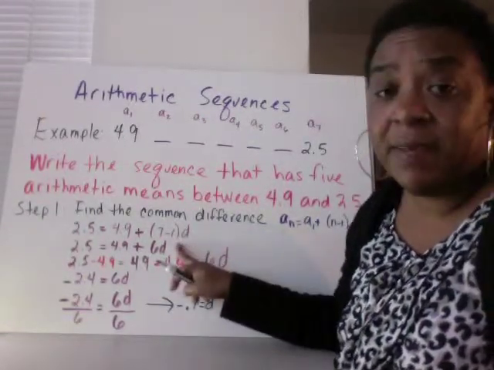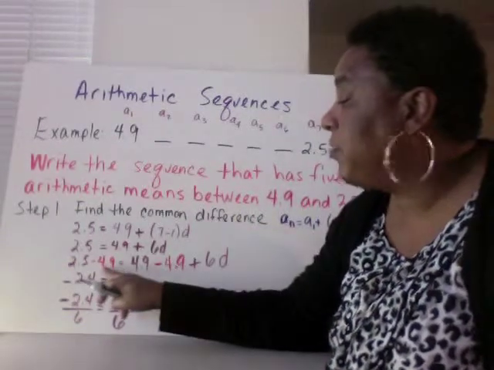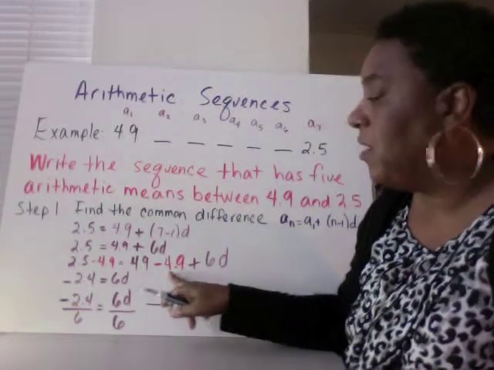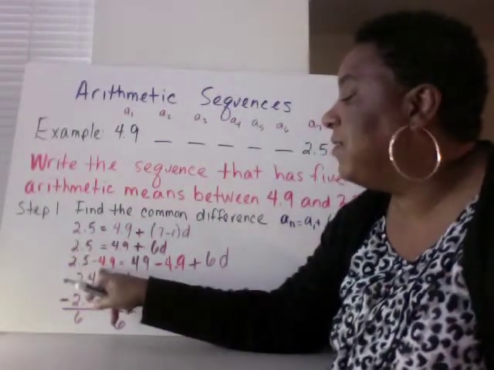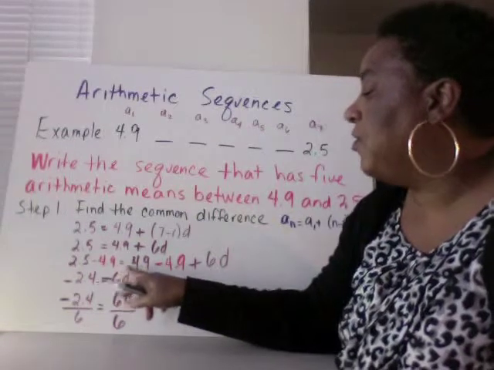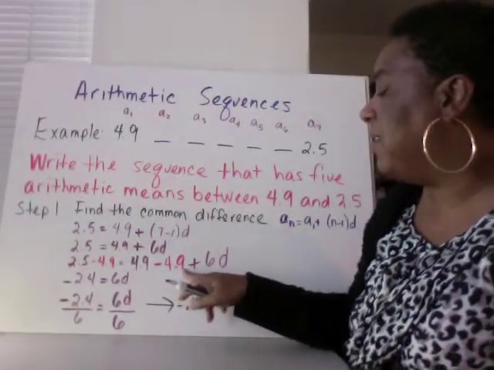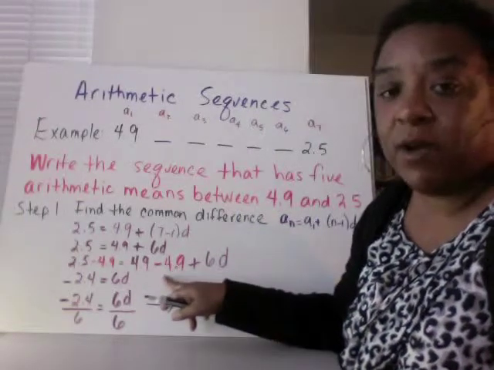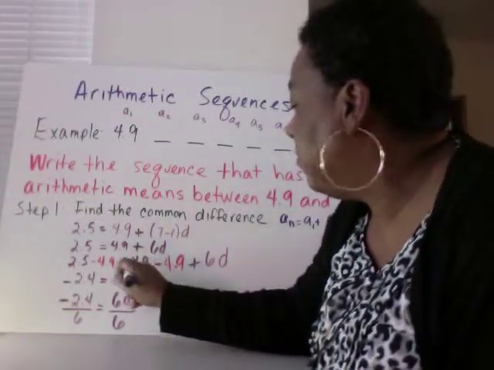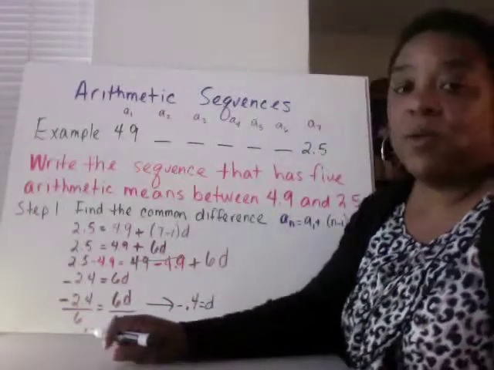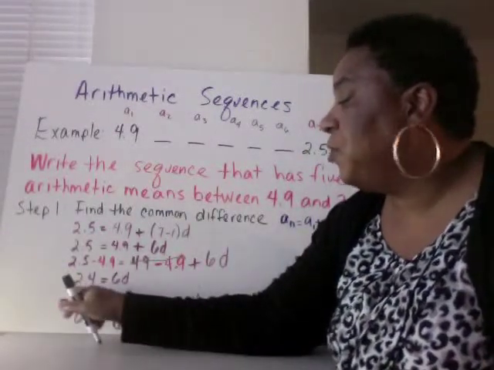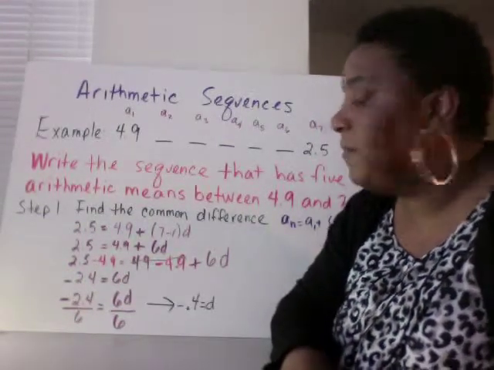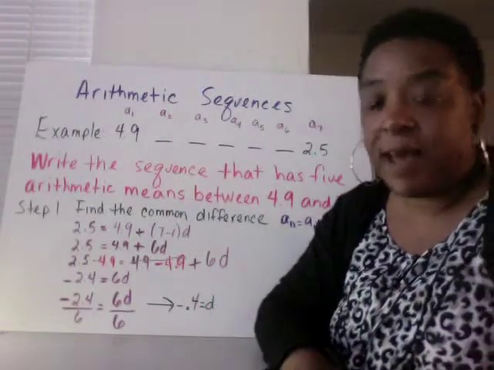Now to get 6d by itself, we have to subtract 4.9 from both sides of the equation, which I've done here. So we have 2.5 minus 4.9 is equal to 4.9 minus 4.9 plus 6d. 4.9 minus 4.9 cancel out, and so we're left with negative 2.4 equals 6d. Now to solve for d, we want to divide both sides by 6.